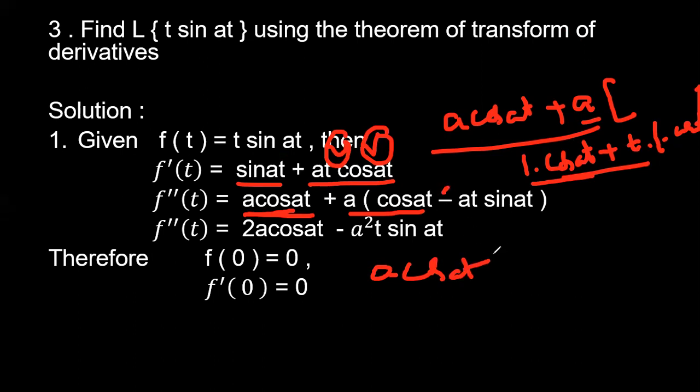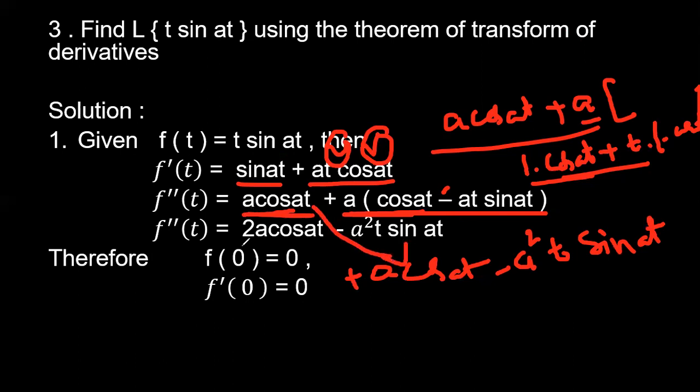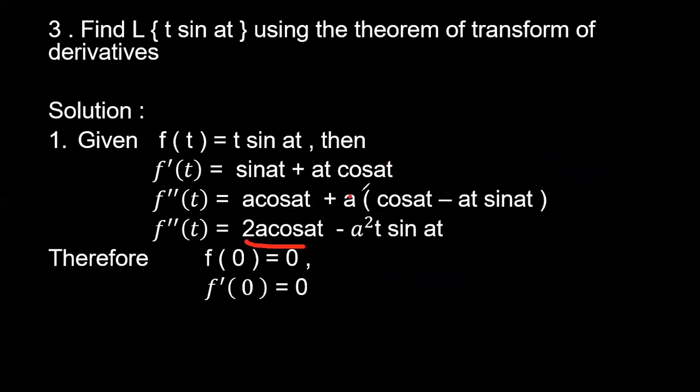So a cos at plus a cos at, what will you get? 2a cos at. And for the next term, you multiply these two terms, and finally you will get minus a square t into sin at. So this is the second order differentiation for this f of t function.